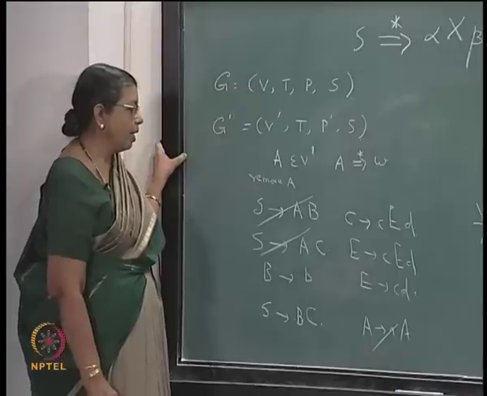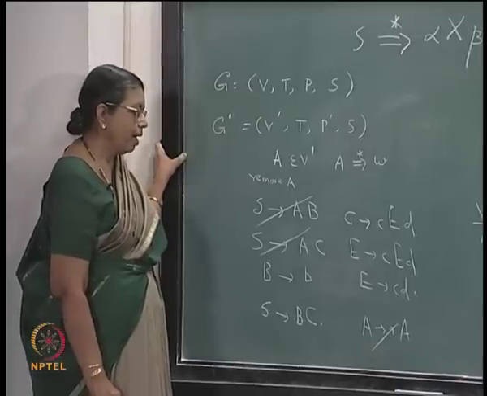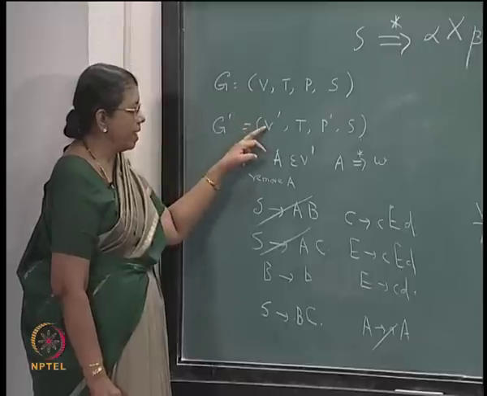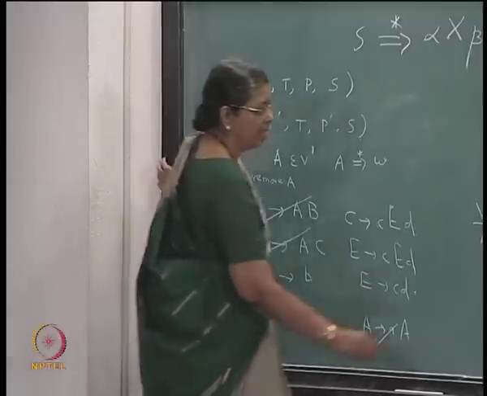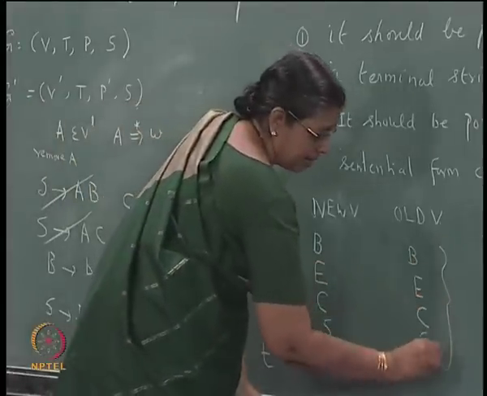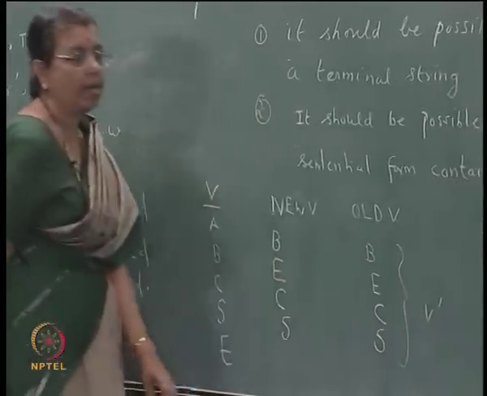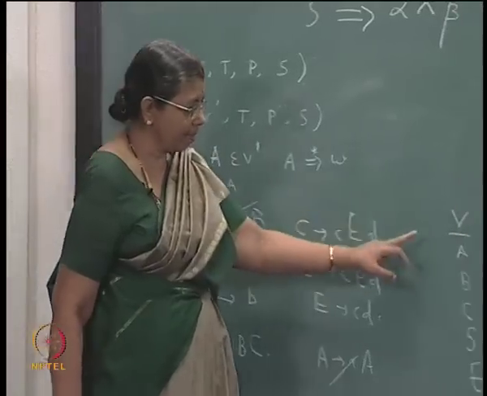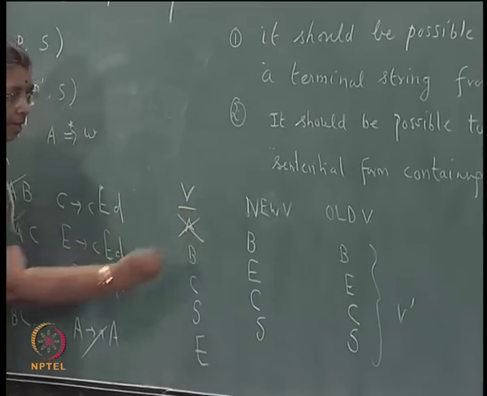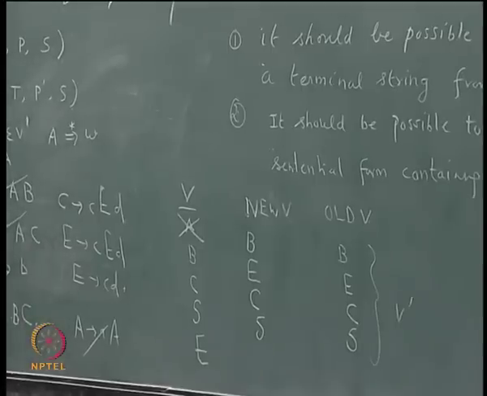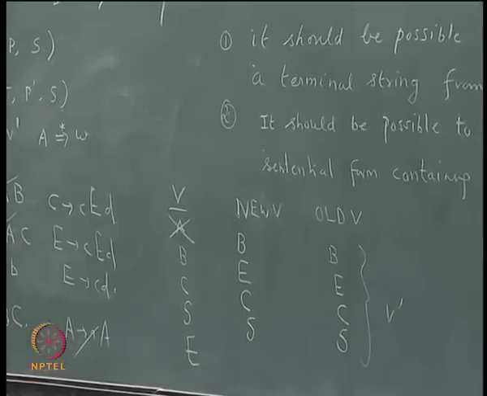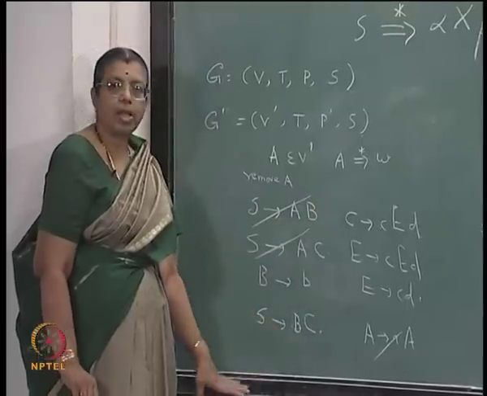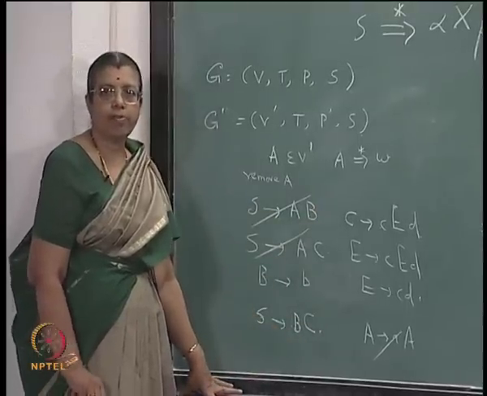So, V dash is this. It is a subset of V. V has all these symbols, but A is useless. So, you remove A, V dash consists of the rest of the symbols, and originally P had so many rules, you remove those rules involving A.